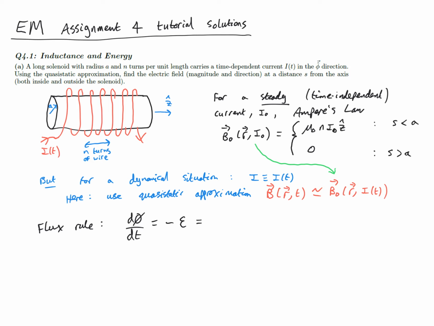And so we can write this simply in terms of the integral around a loop of the electric field dot dl. dl is the line element which traces the path of our loop. And this loop, of course, is an Amperian loop of radius s.